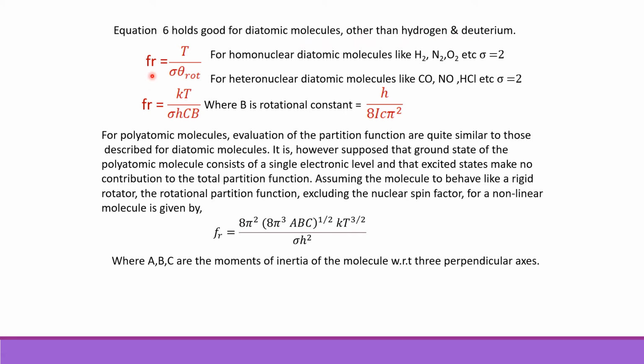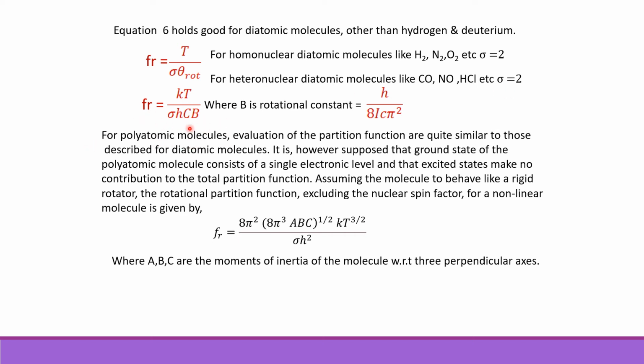The rotational partition function can also be represented by another formula, that is Fr is equal to T divided by sigma theta rotational. In this formula, for homonuclear diatomic molecules like H2, N2, O2, the value of sigma is 2, and for heteronuclear diatomic molecules like carbon monoxide, nitric oxide, HCl, etc., the value of sigma is 1.